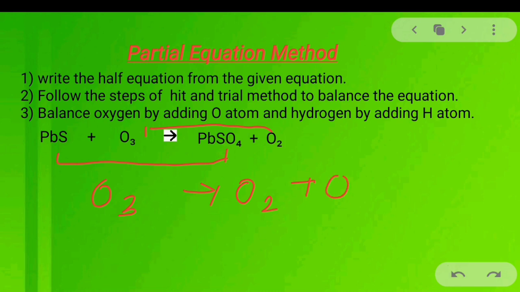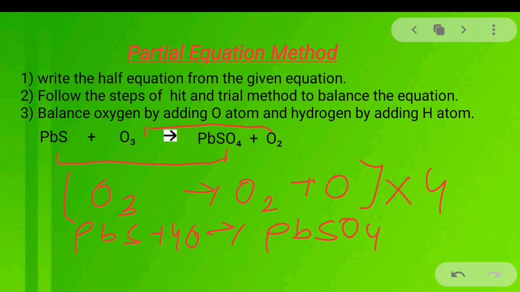So let me write the oxygen atom. Now it is balanced. Now write down the PbS will give you the PbSO4. So to balance the extra oxygen, how many oxygen atoms will I need? I will add the 4 oxygen atoms in.